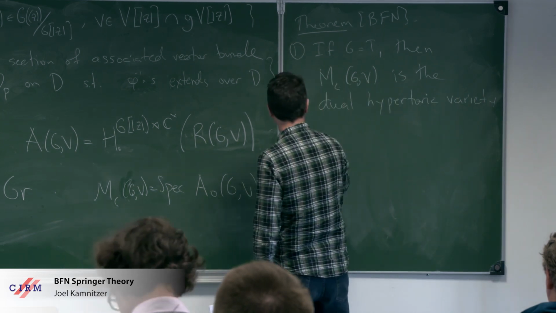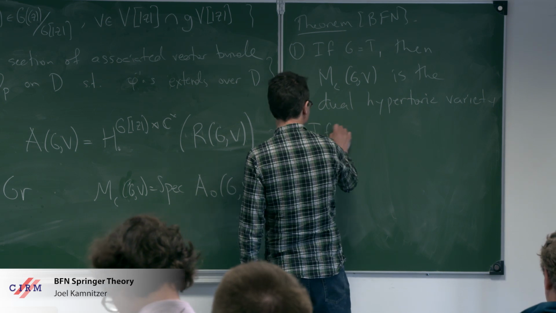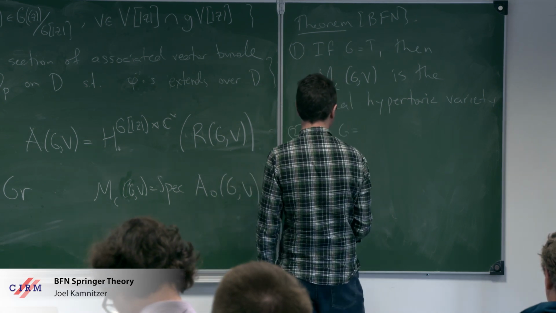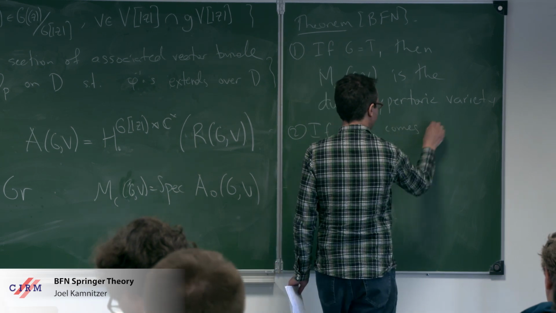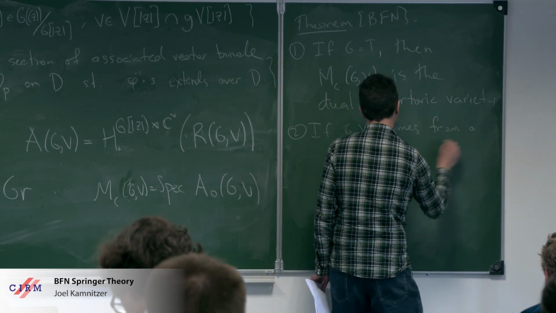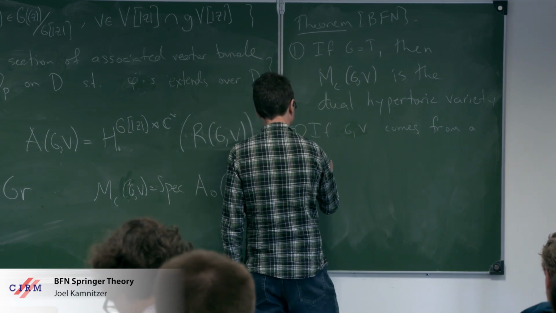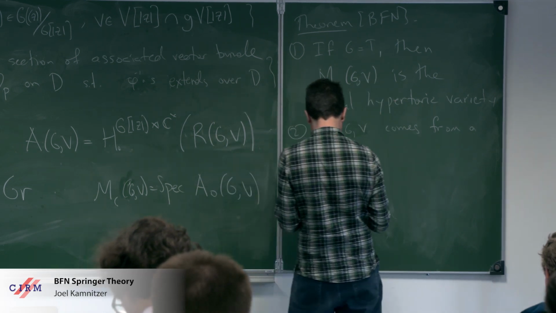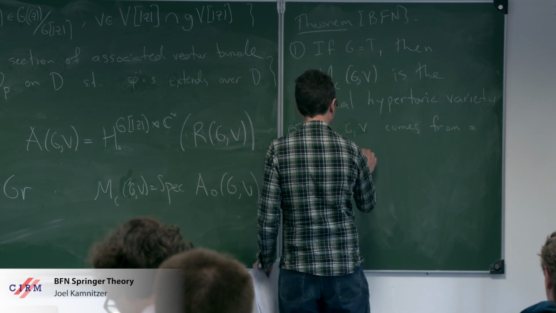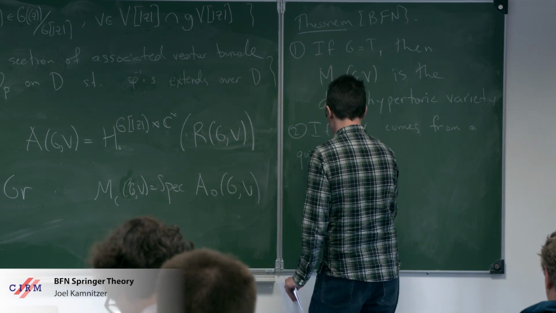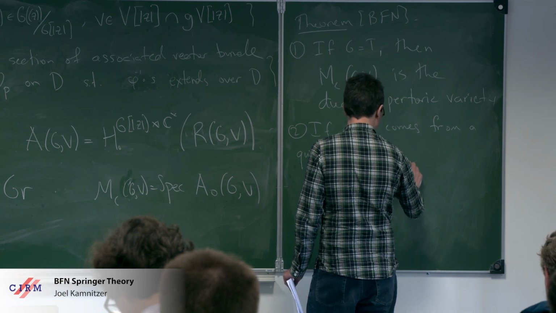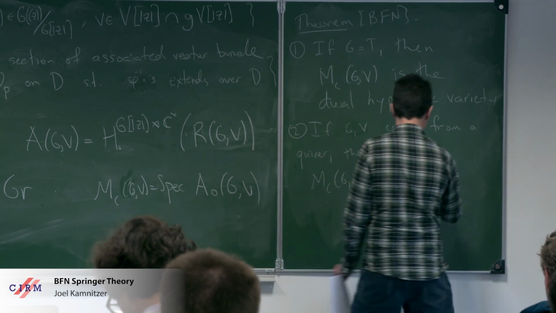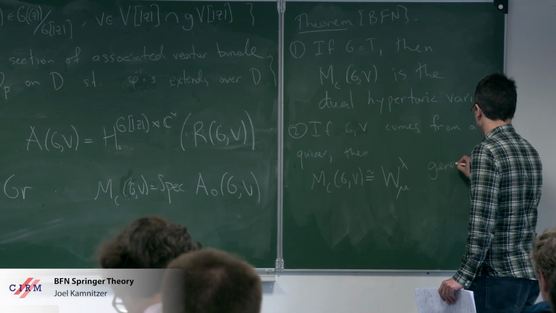First point. The second point, if G, V comes from a quiver, then this MC of G, V is isomorphic to this W lambda mu, this generalized affine Grassmannian slice.